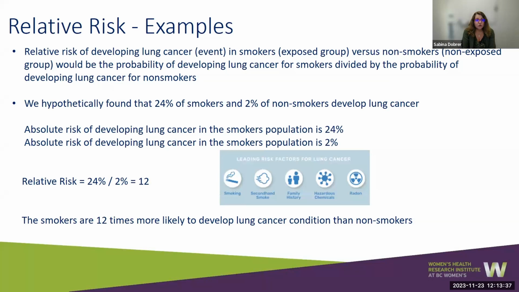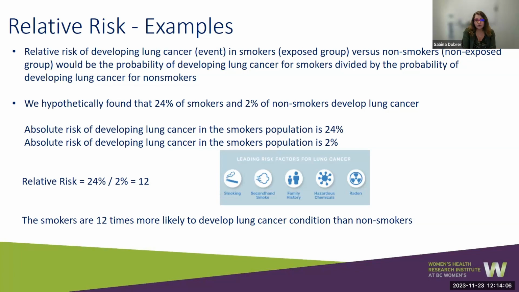So in this case, we need to calculate the probability of the event and divide two probabilities to get the relative risk. Assuming we hypothetically found that 24% of smokers and 2% of non-smokers develop lung cancer. If you saw the picture in my previous slide, in addition to smoking there are additional risk factors for lung cancer that we're not including in this calculation, because we're not doing any modeling, just calculating a simple relative risk for a specific exposure.